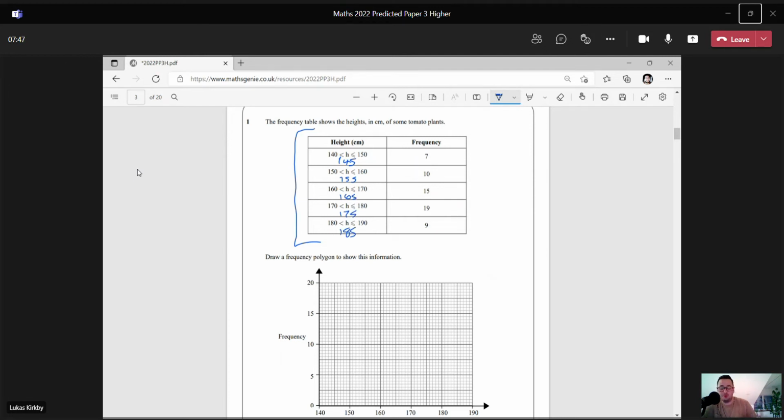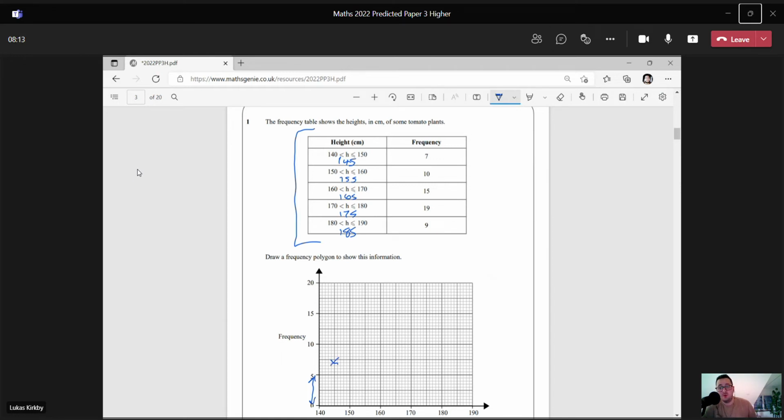Just be careful because sometimes some of the groups are bigger than others, so it's not always necessarily going up in the same amount. And then we just plot these points. So for 145, we have got 7. Now between 0 and 5, we've got 10 squares. So that's going to be 2 squares for each number in the frequency. So for 7 then, that would be about there.